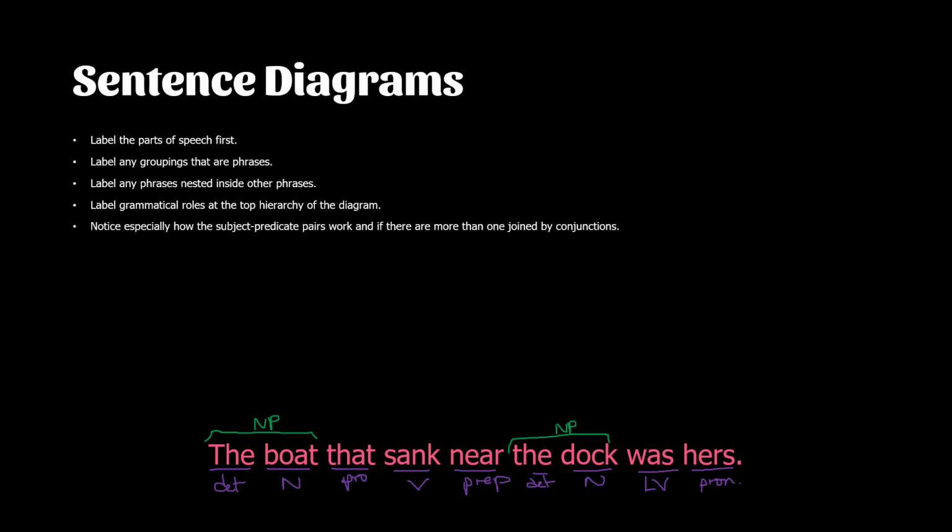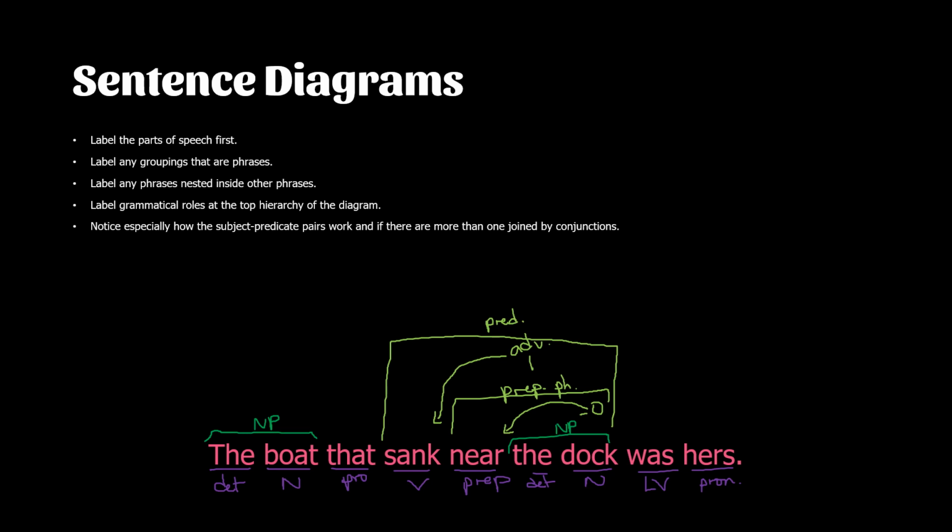What's the function of this noun phrase? It's the object of the preposition "near." So I have a prepositional phrase. What's the function of this prepositional phrase? It answers the question where, so it is an adverb that describes the verb "sank." That means all of this is a predicate.